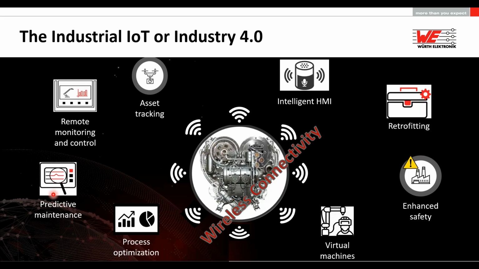For example, predictive maintenance, enhanced safety, process optimization, and so on and so forth. But the heart of all these systems, or the enabling technology which allows these applications to utilize their maximum, is wireless connectivity. So wireless connectivity is at the heart of the industrial Internet of Things.